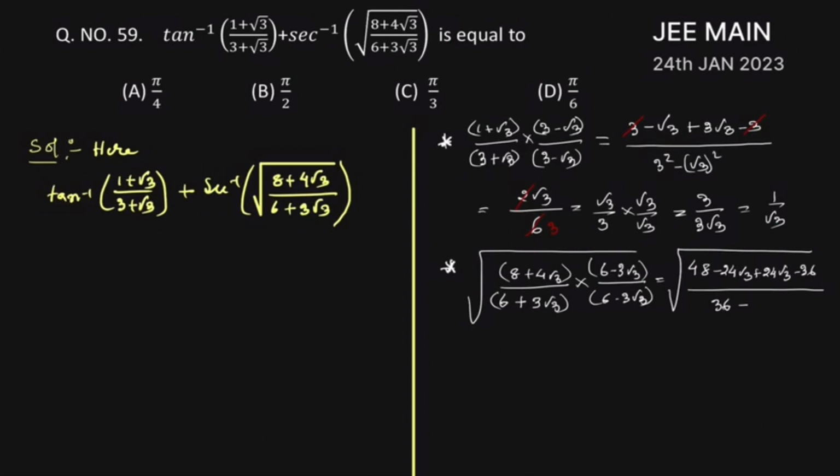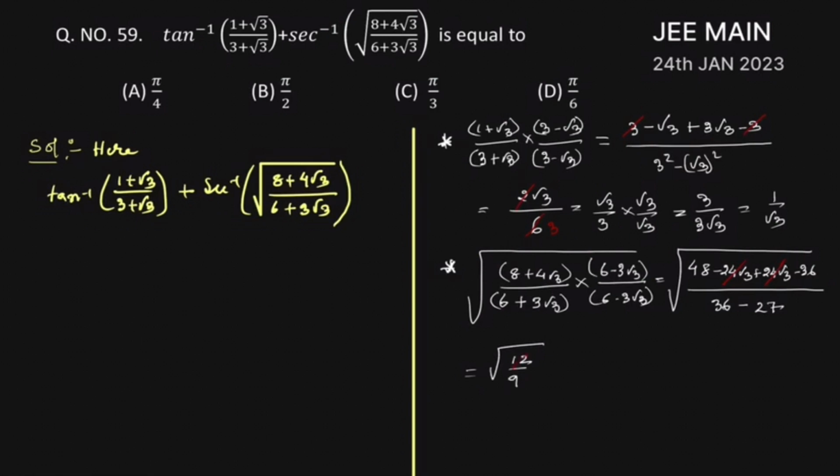(36 minus 27). Now minus 24 root 3 plus 24 root 3 cancel, then 48 minus 36 we will get 12, and 36 minus 27 we will get 9. Then this we are able to write as root over 12 upon 9.